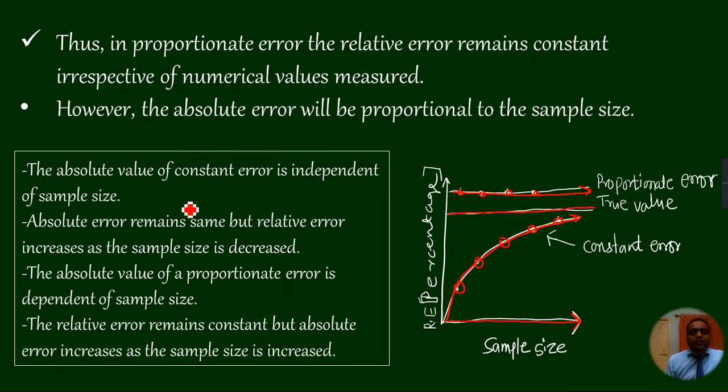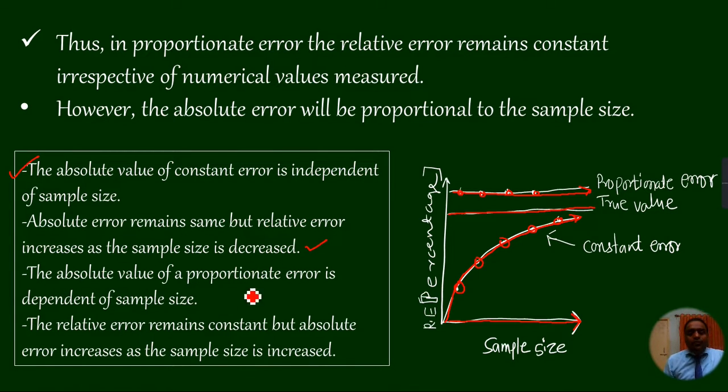So we can conclude that the absolute error of a constant error is independent of sample size. Absolute error remains the same, but relative error increases as the sample size is increased in the case of constant error.